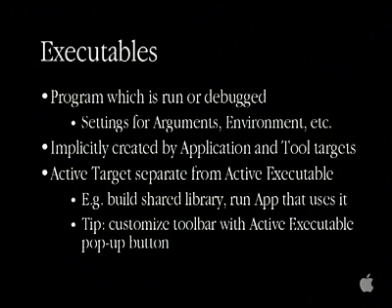Here's something with Project Builder 2.0, the beta: a new feature we've added is the ability to specify an active executable, which is different from your active target. This is more of a power user feature.